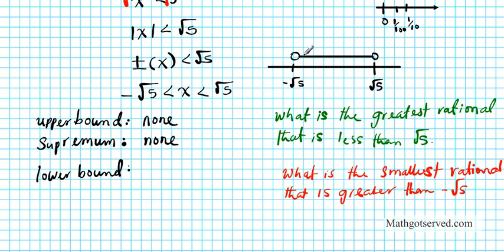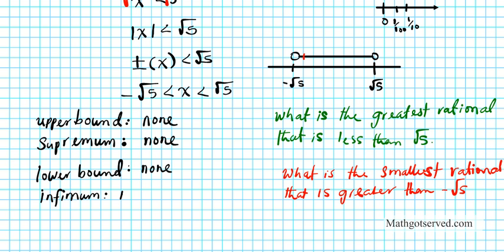Whatever rational you pick that you think is the closest, you can always find another rational that is closer. There are infinitely many rationals that are really close to negative root 5. So guess what? There are no lower bounds here. There isn't any q that we can say is the biggest number that's smaller than everything in this subset. So the infimum does not exist.